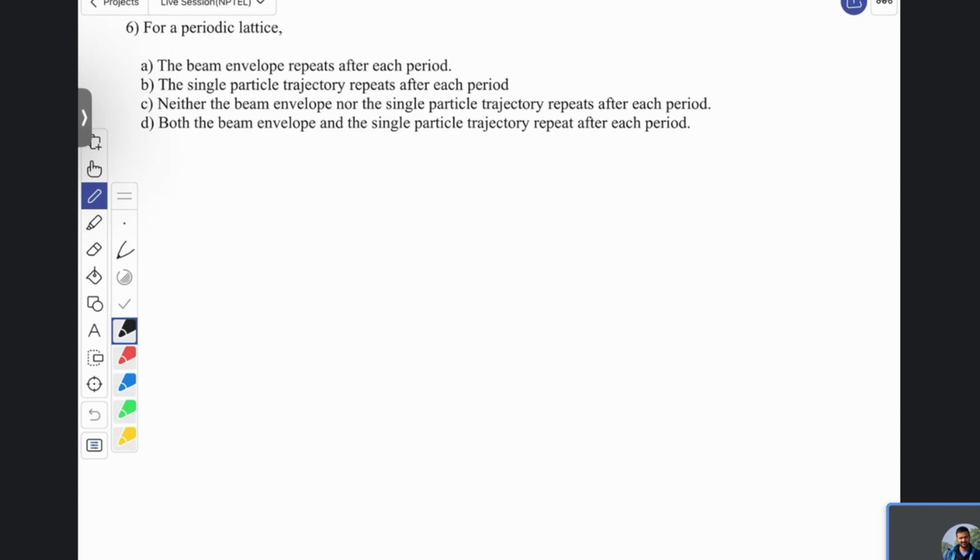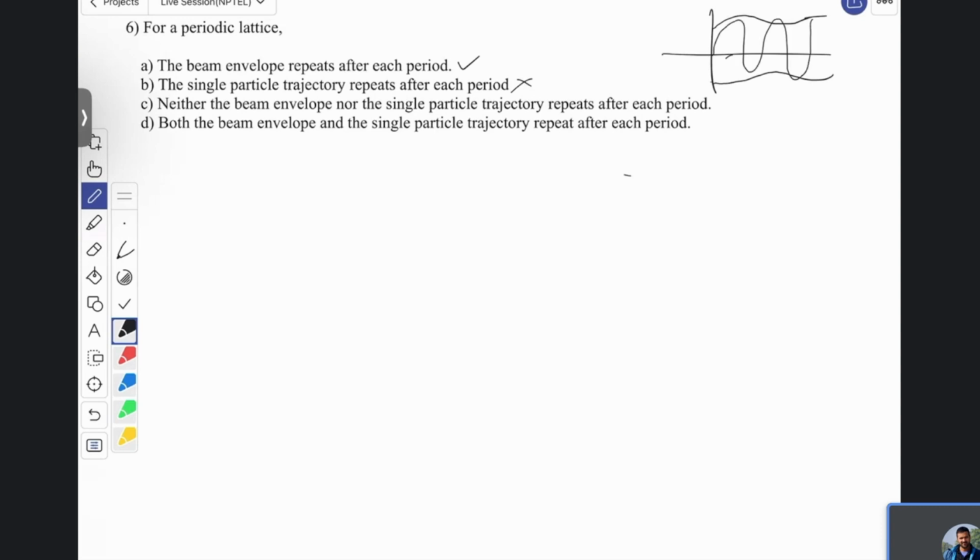So this is true, right? Beam envelope obviously repeats, but the single particle trajectory does not repeat after each period. I just saw the diagram. A second.